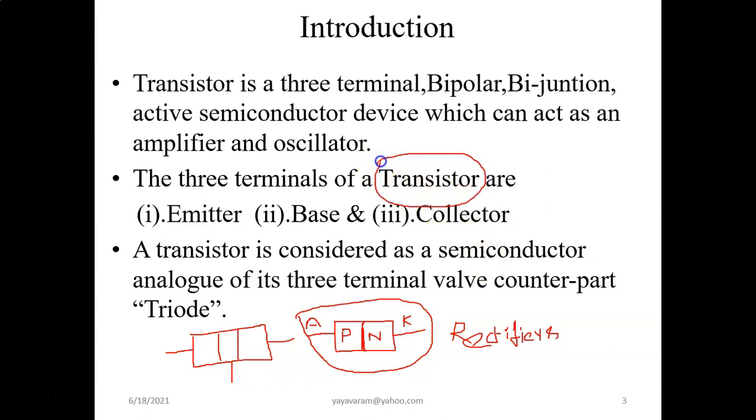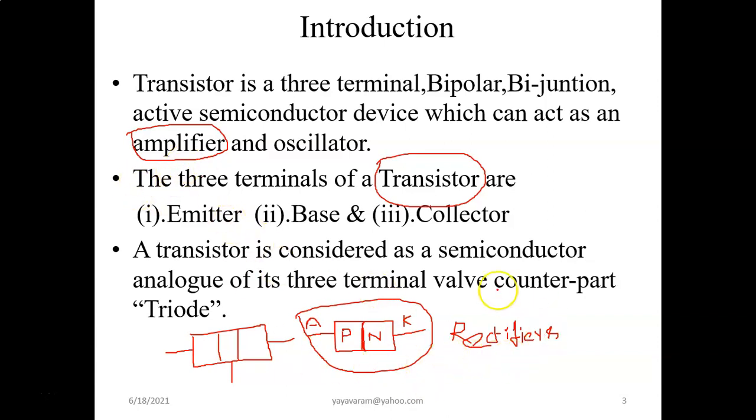This was done by the three scientists about whom you have heard. So this three-terminal device is basically, as I have mentioned, used as an amplifier. Remember, this is one of the most important things. Only a three-terminal device can act as an amplifier, and a two-terminal device like a diode, Zener diode, tunnel diode, varactor diode, any type of diode, will never act as an amplifier.